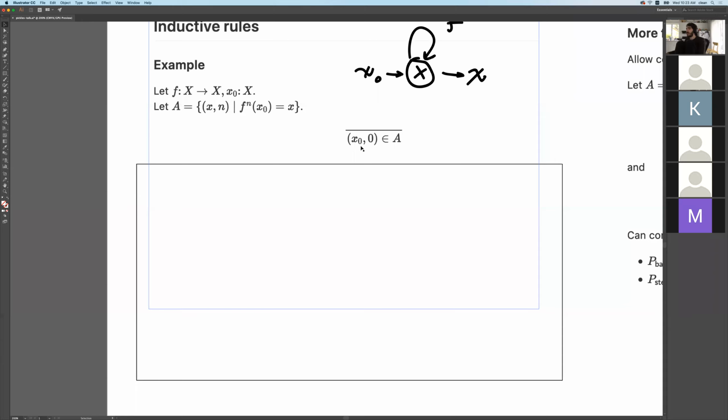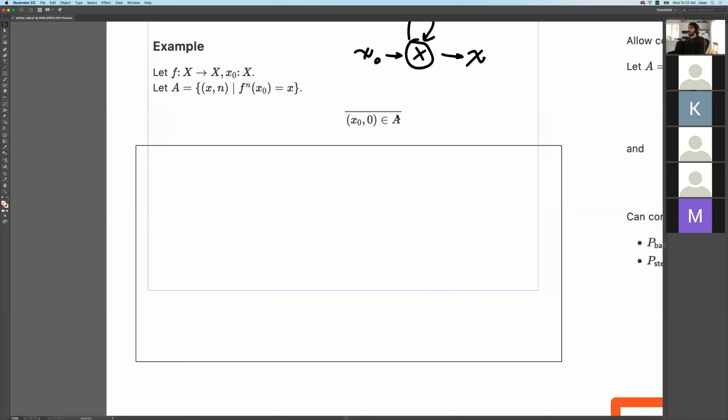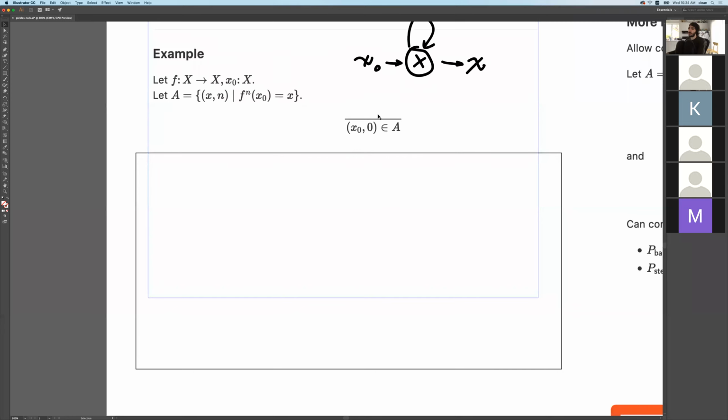The first rule says that x0, 0 is in A, since f applied 0 times to x0 equals x0. This is notation for writing inductive rules. You put assumptions at the top, in this case none, and you put conclusions at the bottom. So under no assumptions, it is the case that x0, 0 is in A.